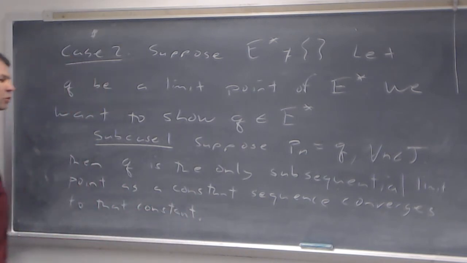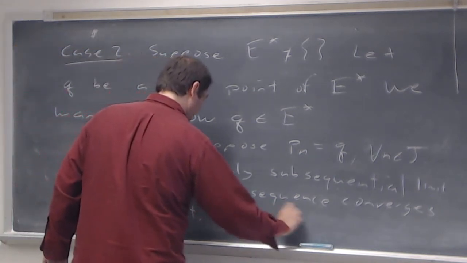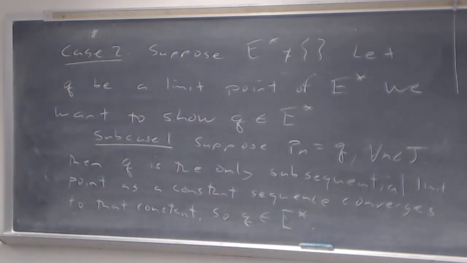And if Q is a subsequential limit point, that means that Q is in E star. So that handles this subcase.